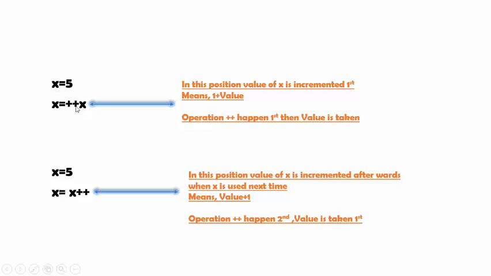When we assign this plus plus x value to this x, first the plus plus operation is done, the value of x, that is 5, is incremented, and then it is placed in the x variable. Now in this case x becomes 6.